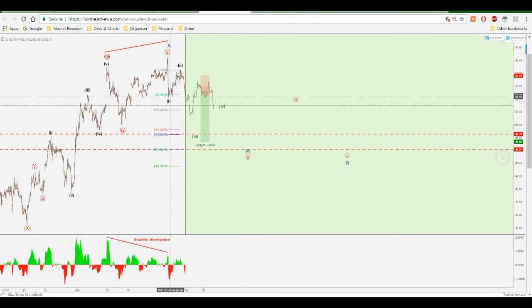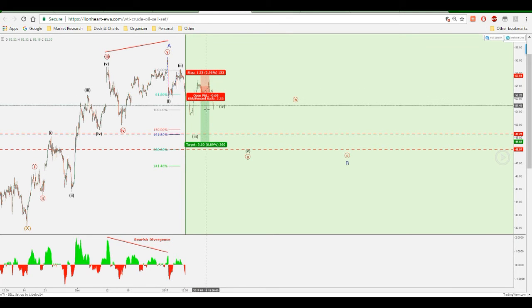So we have first impulsive, second corrective, and then another fall, another move on the downside. But this doesn't look like it's too big to be corrective, especially if it runs inside the number one's first leg's territory.